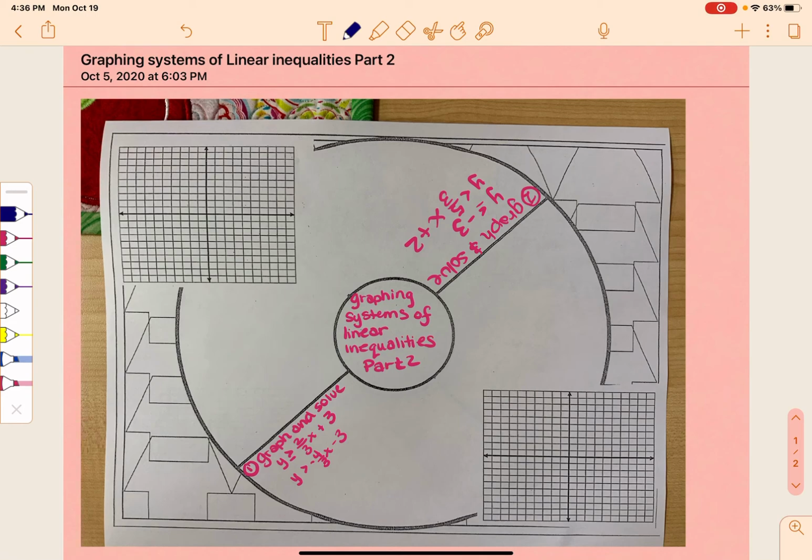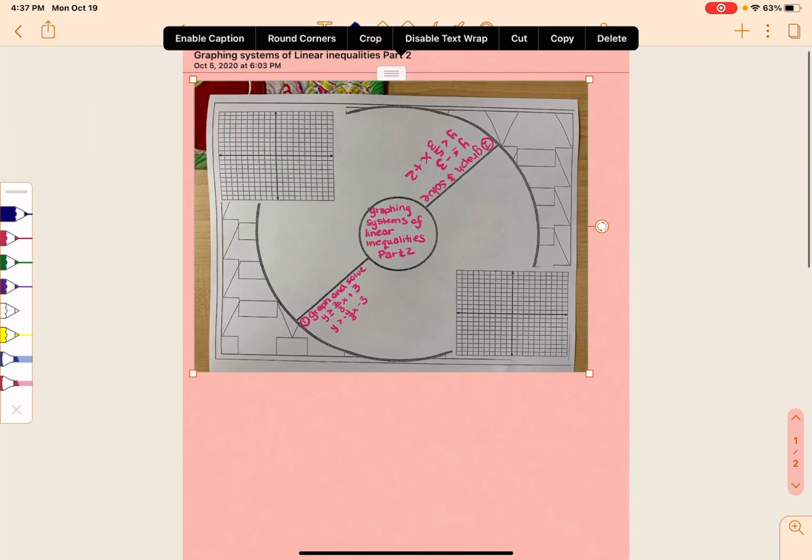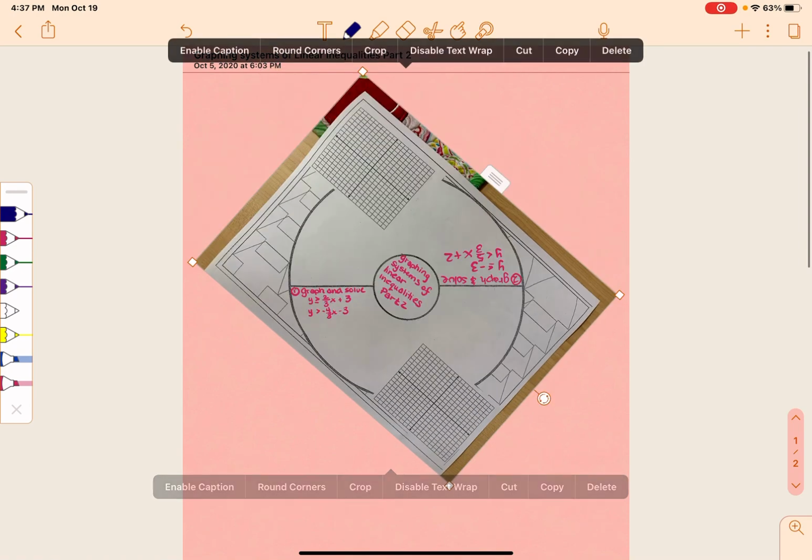Now, it is important that you identify all four of those pieces prior to actually trying to graph it. So you can see in my first one here, let me tilt this a little bit so I can write on it.